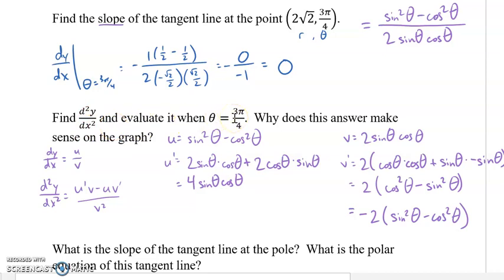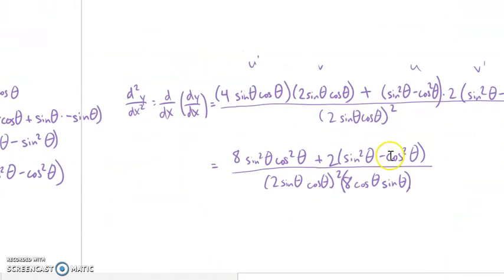That's the bigger question, is can we actually evaluate this at 3 pi over 4 and get a numerical answer? So let's go ahead and do that. We'll do d squared y dx squared evaluated when theta equals 3 pi over 4. Now remember that we're going to get the square root of 1/2 for sine, and we're going to get the negative square root of 1/2 for cosine.